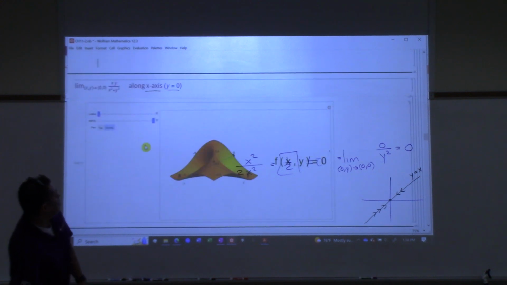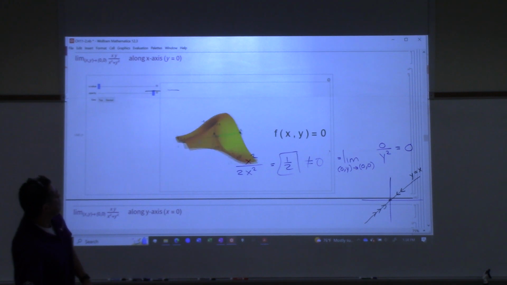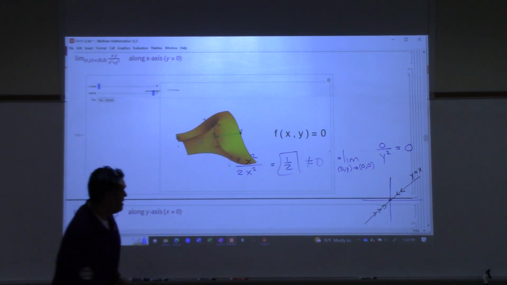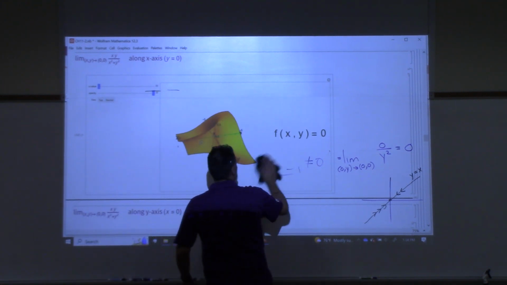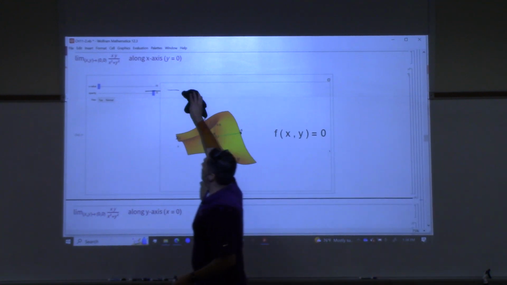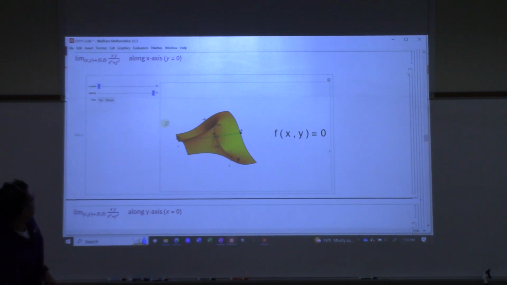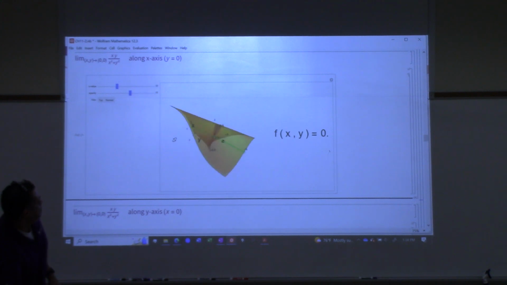All right, so can we look at the picture of that? This is the surface we're talking about. This is the problem that we just finished. We said that if we came in along the x-axis, the answer was 0. Let me come in from the side.